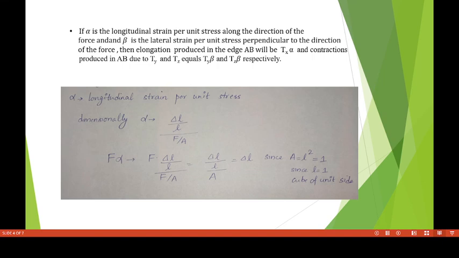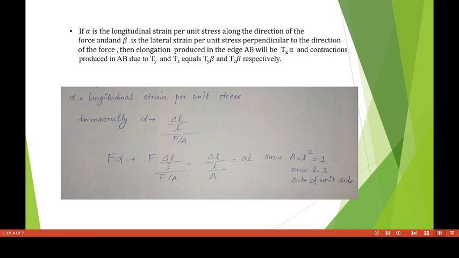Now we will calculate the elongation, and the elongation is given by the force times alpha. Alpha is the longitudinal strain per unit stress along the direction of the force, and beta is the lateral strain per unit stress perpendicular to the direction of the force.